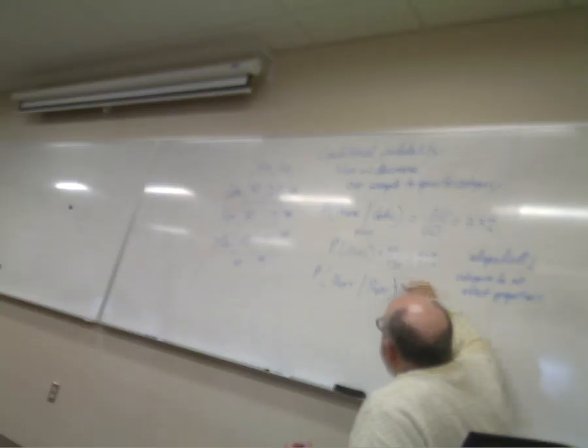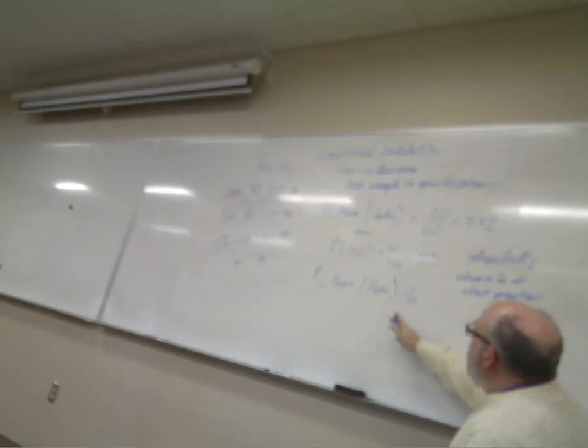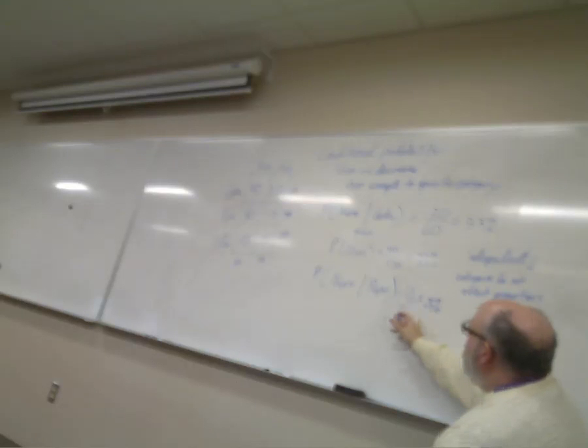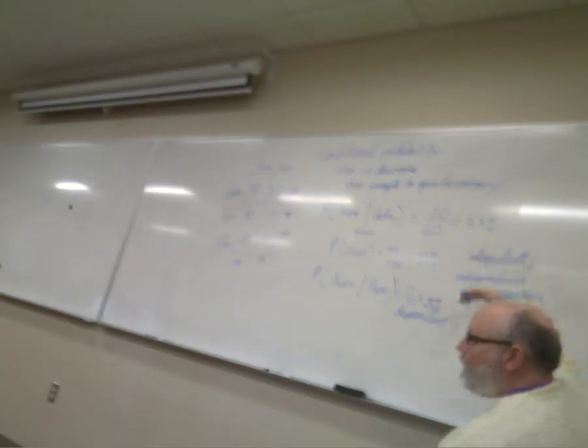So that's 10 out of 40. What just happened? Our proportion has changed. This is 25%. So now this is called dependent. Hopefully you can see the category does affect the proportions.